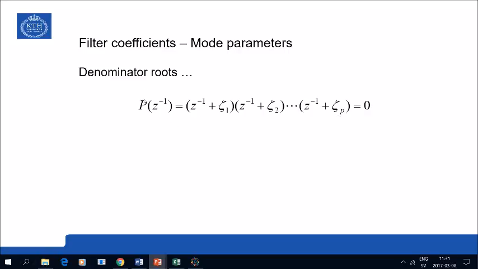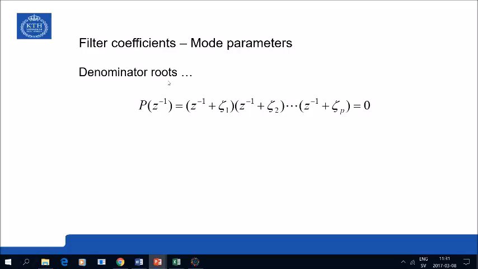So the denominator polynomial can be formulated in this way if we use the factor theorem, and all these factors equal to 0 define our denominator roots.